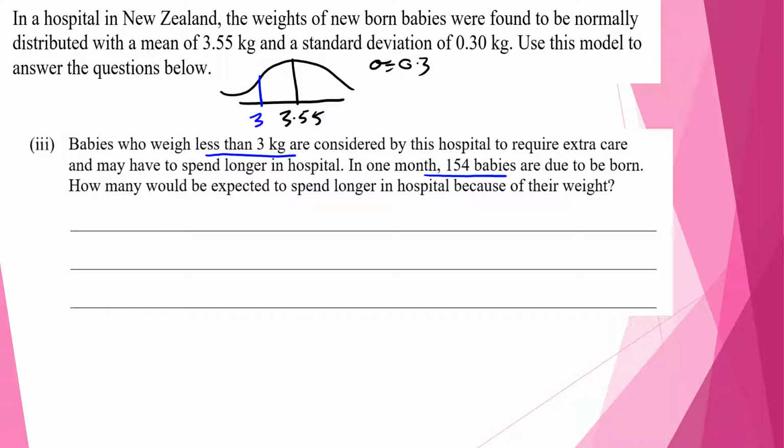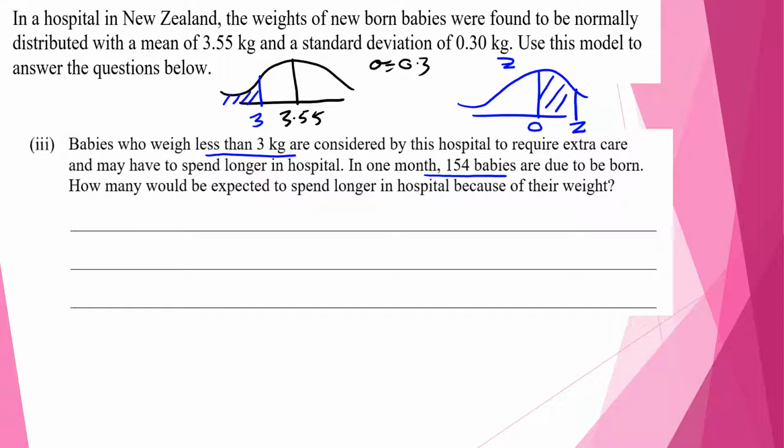So identifying that on our curve first, shading in below 3, so less than 3, and just recognizing from our Z table that our standard normal distribution is actually looking at between 0 and Z, the shaded bit in here.